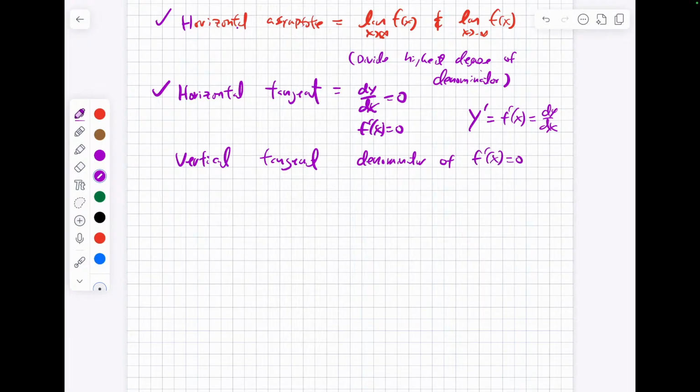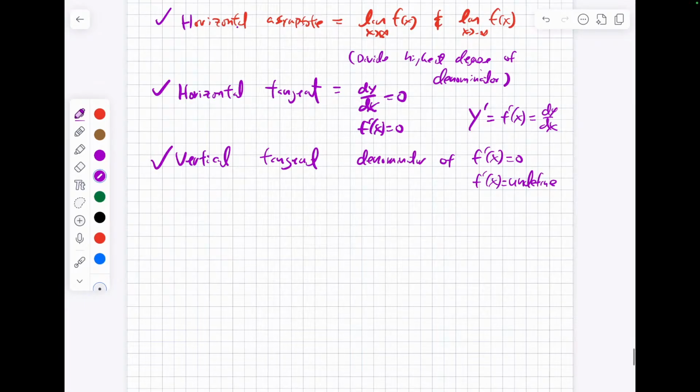Because it's the same thing as saying f prime of x is undefined. If f prime of x has fractions, denominator equal to 0 is going to be a vertical tangent, because that causes the slope to become undefined. So we study the key points.